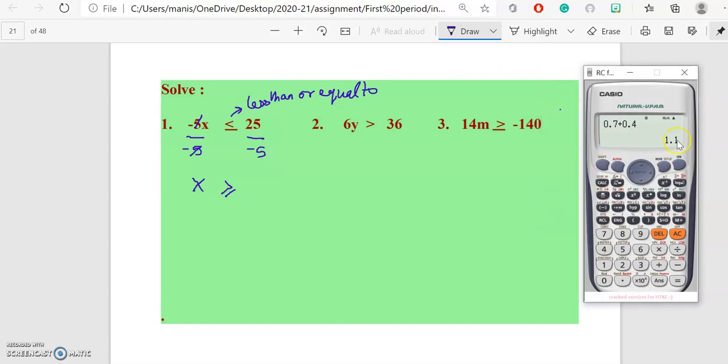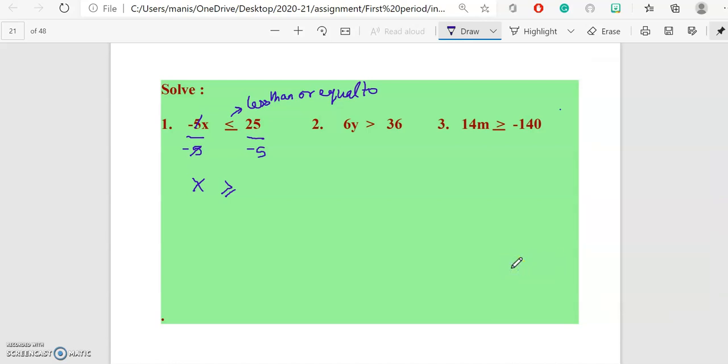For this part, it is 25 divided by negative 5. You should always use a calculator. In my calculator you see there's a fraction button: 25, and it's divided by. Now this is a minus sign, do not use this sign. Use the negative sign, negative 5, because if you use the wrong one it gives you an error; go back and change to this sign over here.